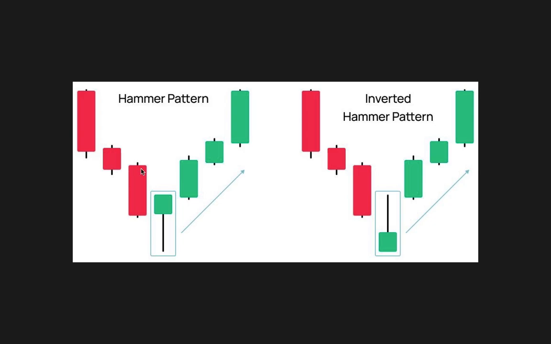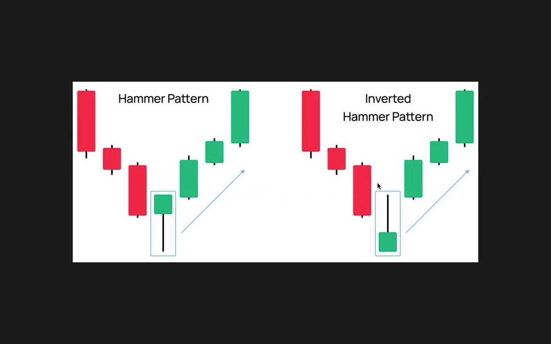When you see something like this with a very long wick, the market opens here and starts going down. This is the low, this is the body, and the upper part has no wick. You should know that yeah, this is the hammer candlestick forming.